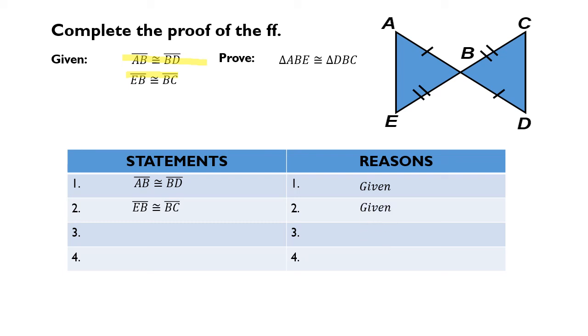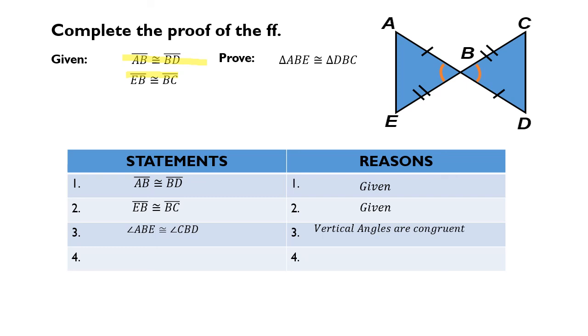Now, if we try to analyze our figure, it does not suggest reflexive property, but we can see vertical angles. So, in this case, I want you to identify the vertical angles. We can say that the two angles are congruent because vertical angles are congruent.